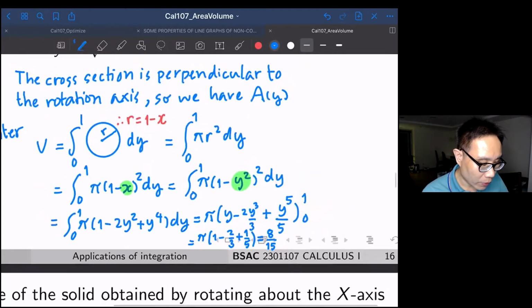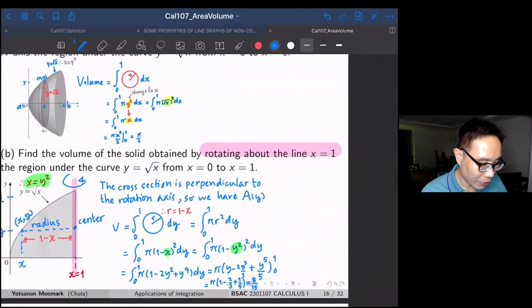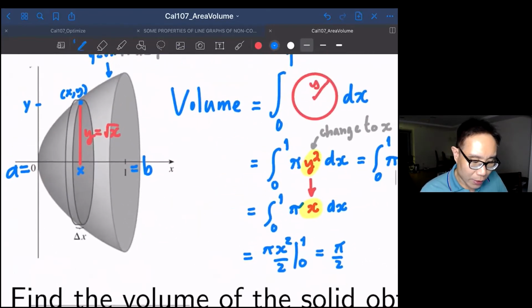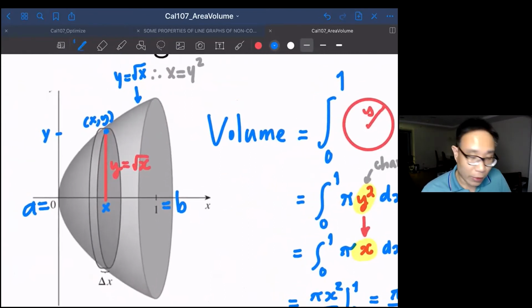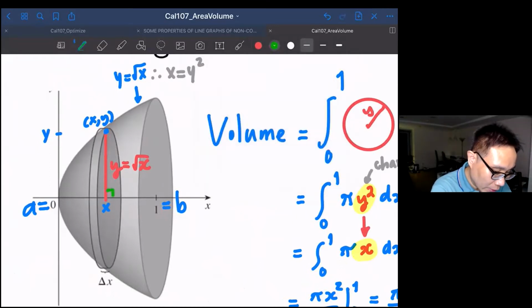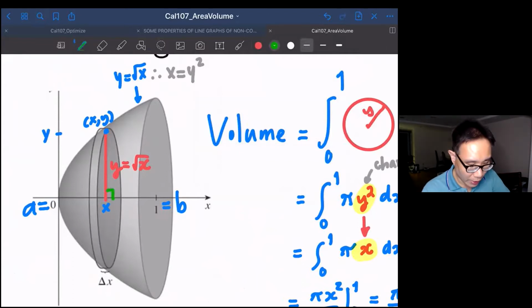Okay, so let me explain this one again. You see that this one, you rotate about the x-axis, so you get the disc that is perpendicular to the x-axis. The perpendicular thing means that you have this one perpendicular like this.